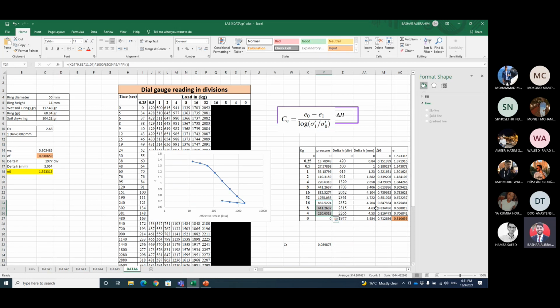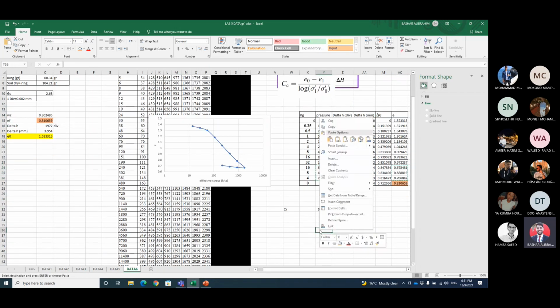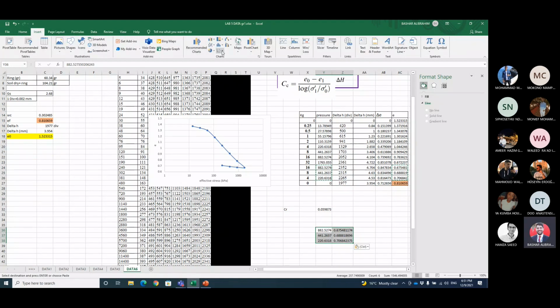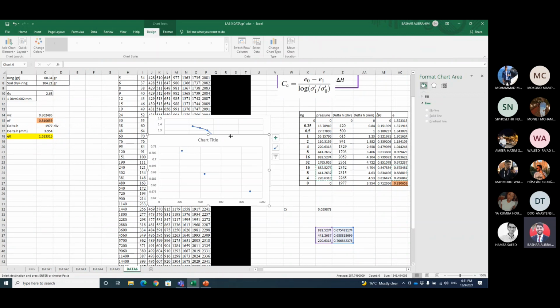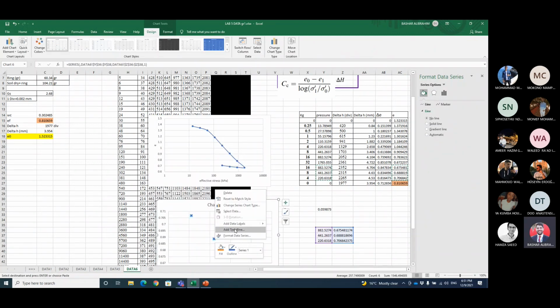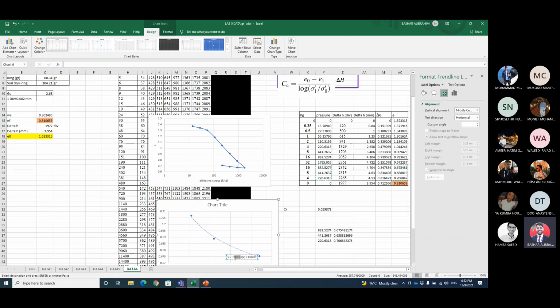So let us try now with the curve, how much we will get. So I will take these pressures, the best fit line. Then draw your scatter plot. Add a trend line, then make it logarithmic, display equation, and you can see here it is incorrect, okay?